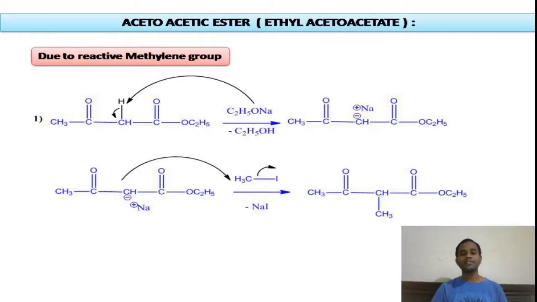They can be easily removed by treating them in presence of a base to give carbon anions. These carbon anions are resonance stabilized, therefore upon treating with the alkyl halides, they will undergo alkylation at this position. Right? Because of this reason, our acetoacetic ester has much synthetic importance in synthetic organic chemistry.